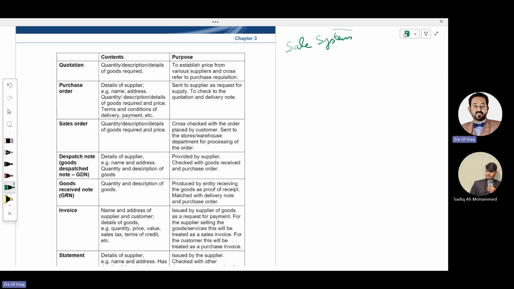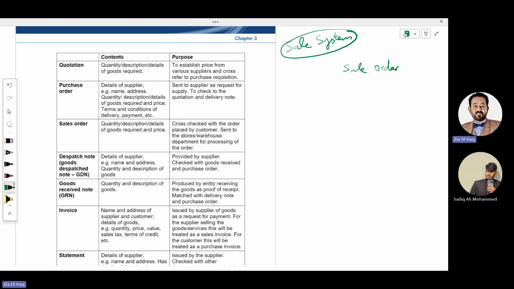How does a company record the sales, and what documents does a company normally prepare during a sale? When a company receives an order from the customer, they prepare a document called a sale order.